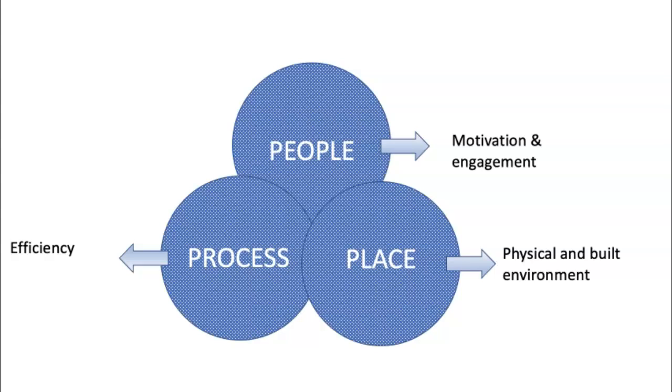The second P is process. With process, we are going to examine whether the process is efficient. For example, when we provide service to spectators and participants, we want to know whether the service we provide is comfortable for them, and whether they find it easy to go through the entire process.